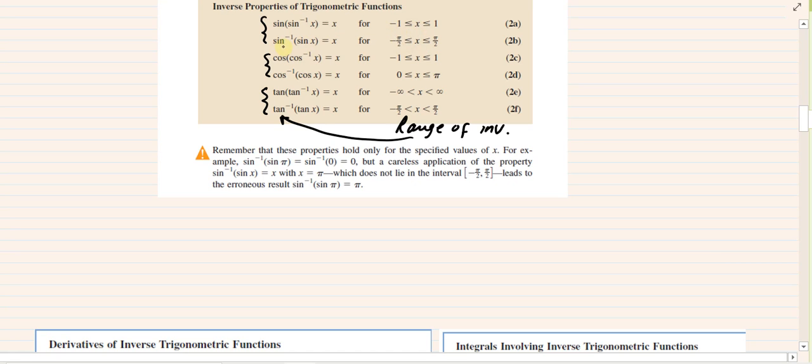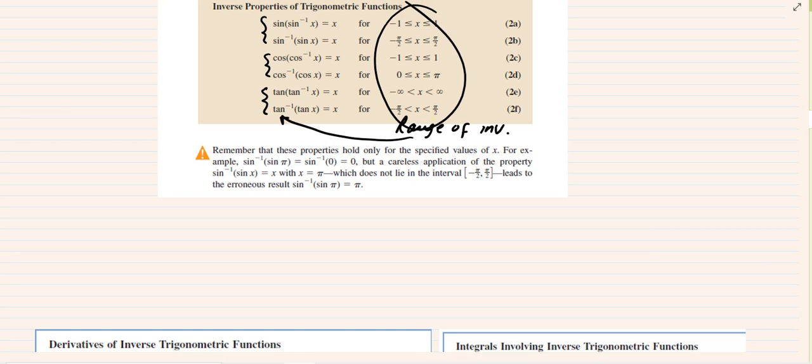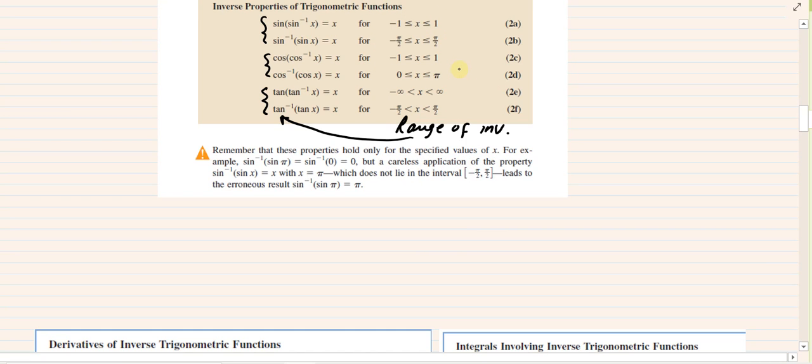With respect to the outside inverse function, we look at the range. Okay, and you have a note here that these properties hold only for specified values of x. This is what they mean, those specified values of x. If they're not, we need to work it somehow, using the idea of maybe coterminal angles or angles that have the same trig measures to bring it into the range of the inverse.